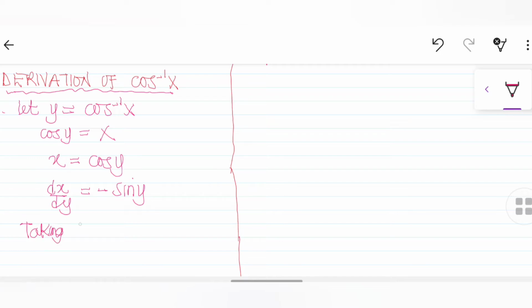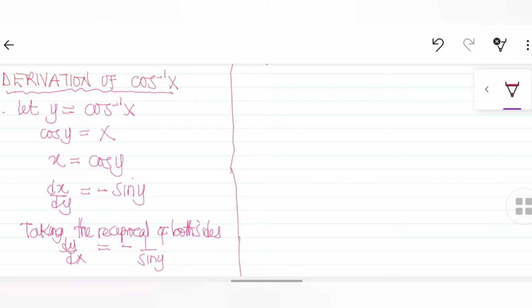Taking the reciprocal of both sides, we will have dy all over dx to be equal to, if I take the reciprocal of sine y, minus 1 all over sine y, and that is going to give me my dy/dx.